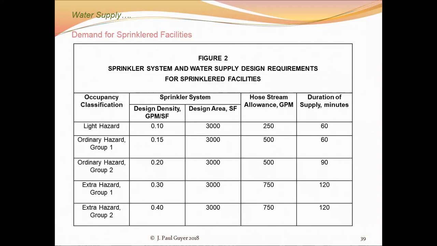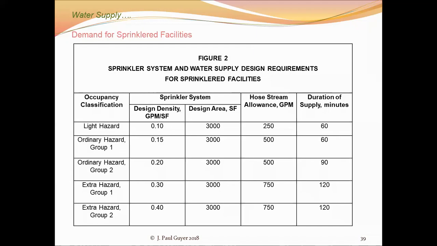Also, if you are in an area that has a municipal water system, this type of calculation is done either by you or by the water department. And then the water department uses its methodologies to decide if it can reasonably supply that quantity of water over that period of time.